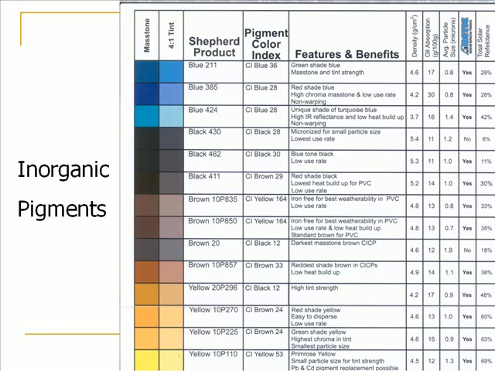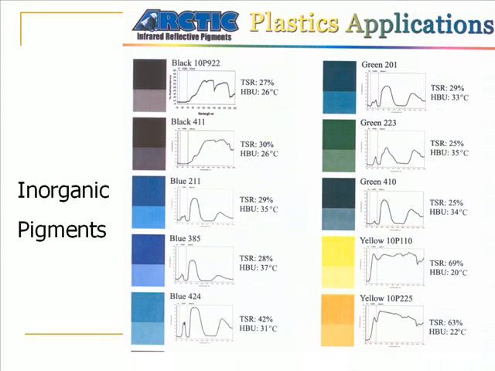These are infrared reflective pigments. If you look at these graphs here, between these two lines is the visible spectrum, and then everything to the right is infrared. These pigments are designed to reflect infrared, which is heat, so they're good to use, for instance, in roofing applications.